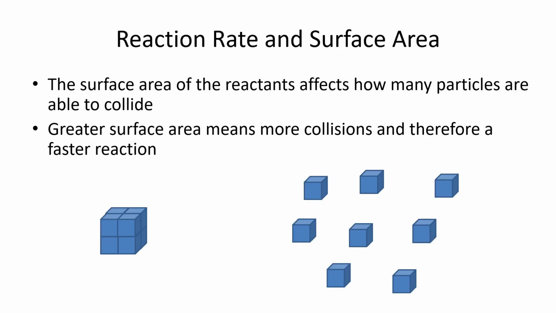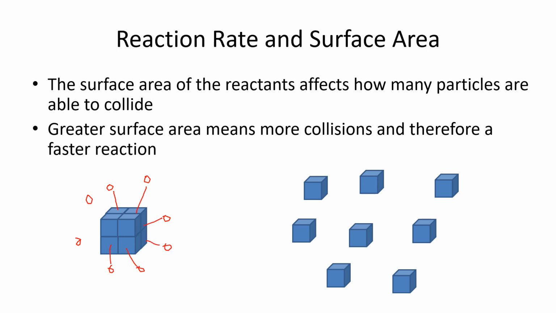Surface area is another factor affecting reaction rate, which is usually pretty intuitive once you have the idea of collisions being how reactions proceed. If you have a chunk of a reactant that has to react with other particles, the particles can only interact with the parts that are exposed.